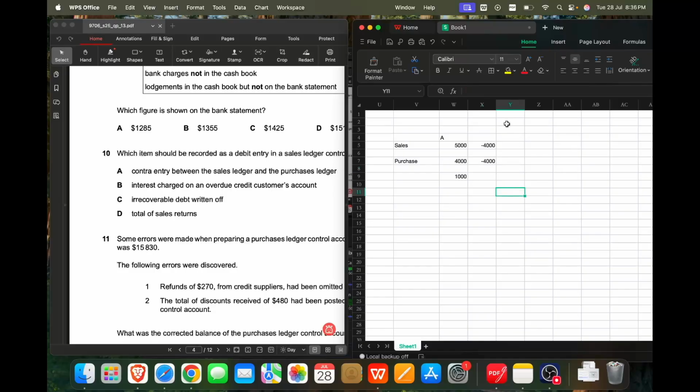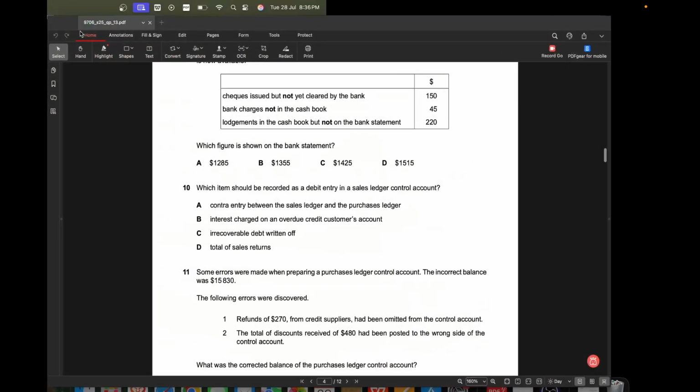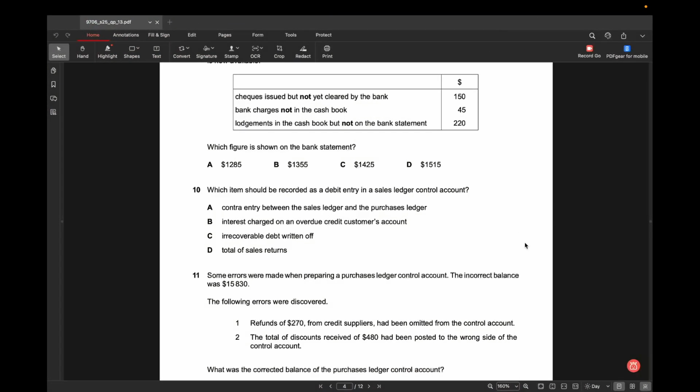Okay, and this adjustment in the sales and the purchases is considered a contra entry. So we need to subtract it from the sales ledger control account as well as the purchase ledger control account. So it would be subtracted, which means it is on the credit side.